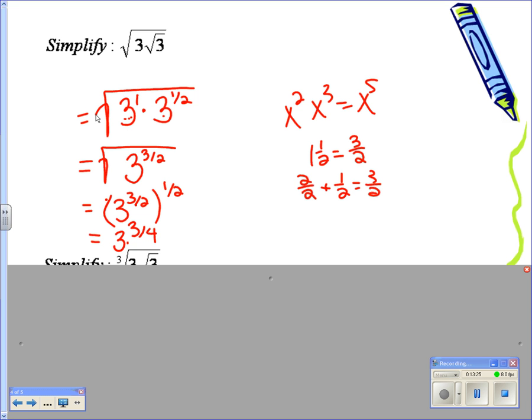Any other questions? You'll get a decimal. 3 to the 3/4 is going to be 2 point something. Or 1 point something. What's 1/2 times 1/2? 3/4. Because it's a square root. So it's all raised to the 1/2. Any other questions on these?